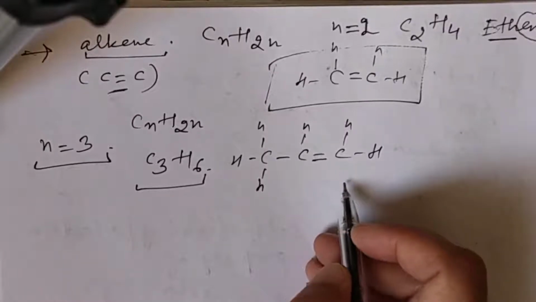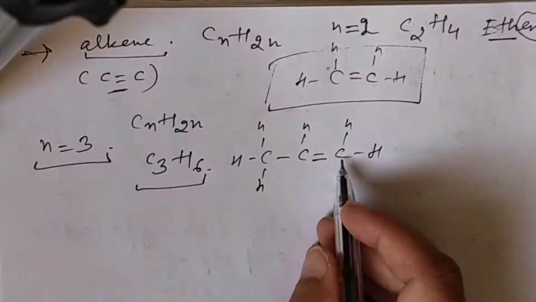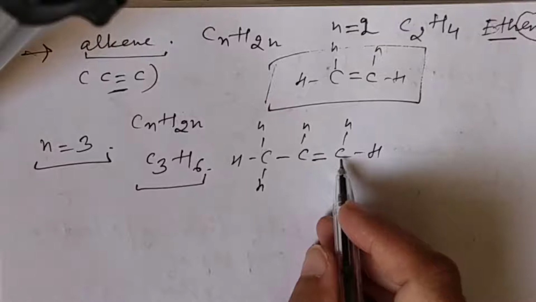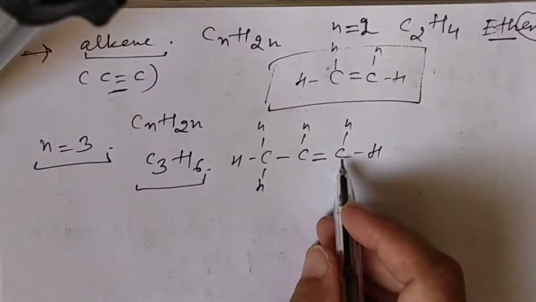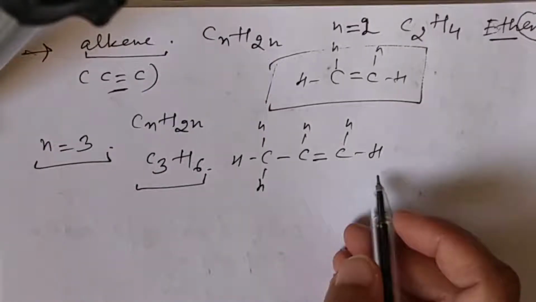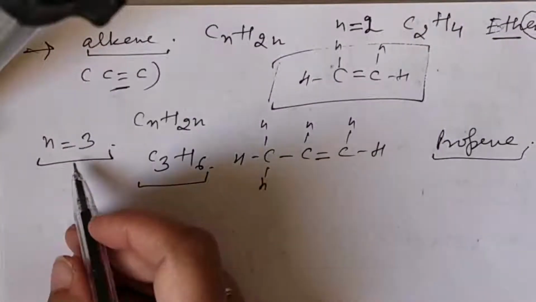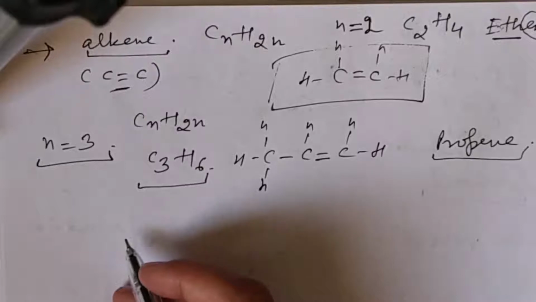You don't have to do it, because the nature of carbon is tetravalent. It should have the valency of 4, not less than 4, not more than 4. So this is the structure of propene molecule, alkene series, in which value of n is equal to 3. Okay, so here we are discussing the homologous series of alkene family, students.